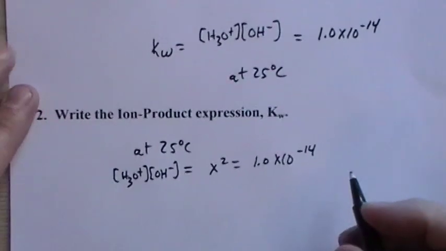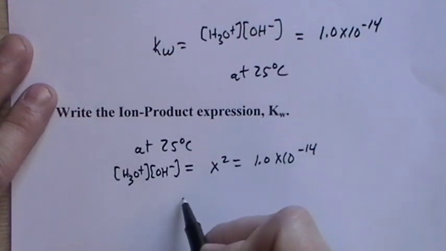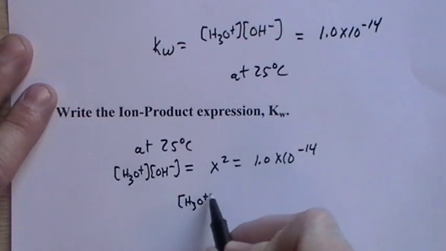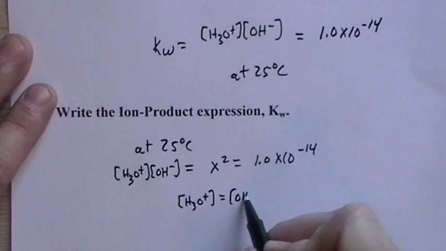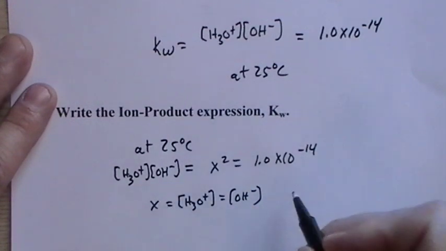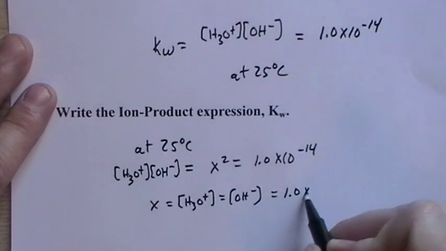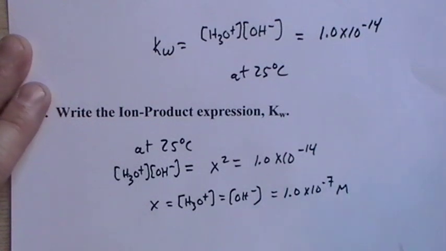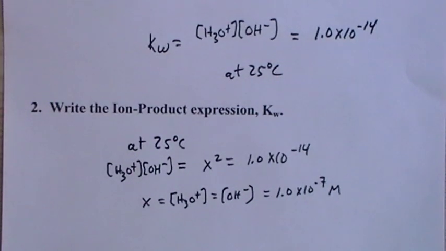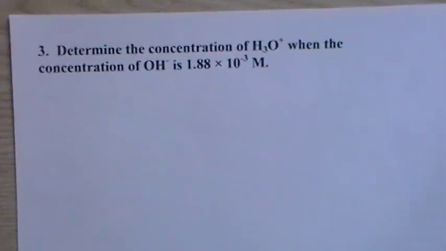And what we'd find in pure water at 25 degrees Celsius is that the concentration of H3O plus is equal to the concentration of OH minus, and that is 1.0 times 10 to the minus 7 molar. So there's always a ten-millionth of a molar of H3O plus and OH minus present in any pure water at 25 degrees Celsius. Can't have anything else in it.